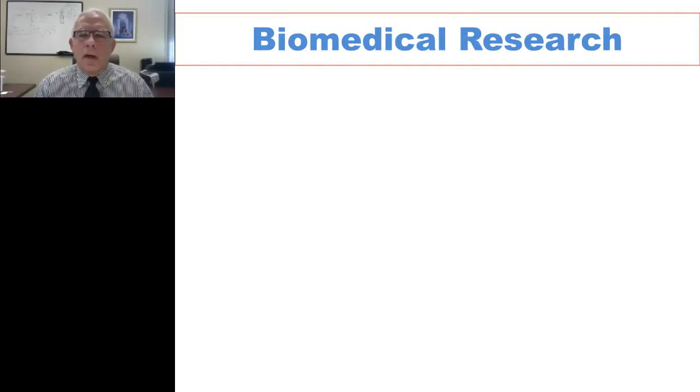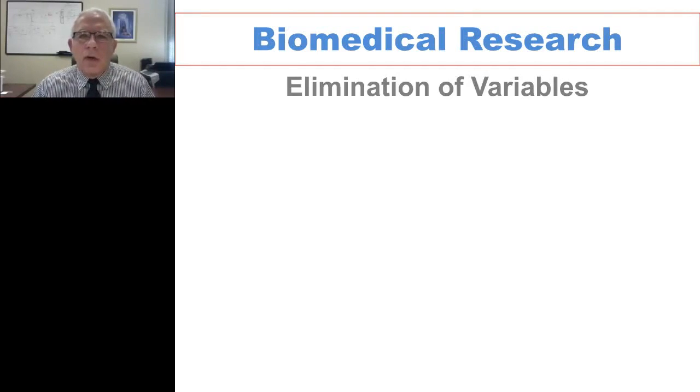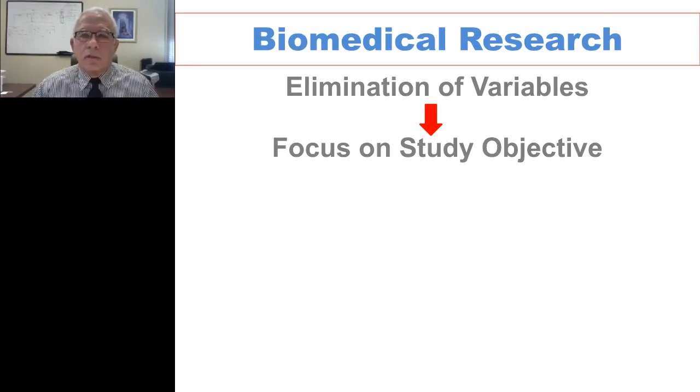So let's talk about medical research. What is research, really? Biomedical research, if you're an investigator, your concern is about elimination of variables. We need to get rid of variables, because by doing that, you as an investigator can focus on the study objective.